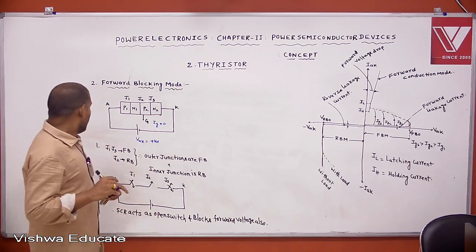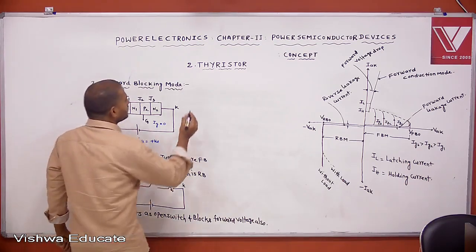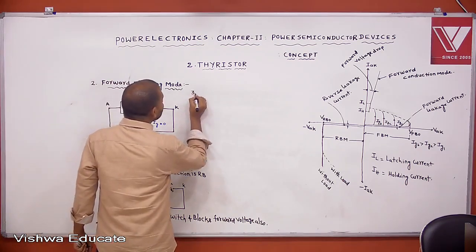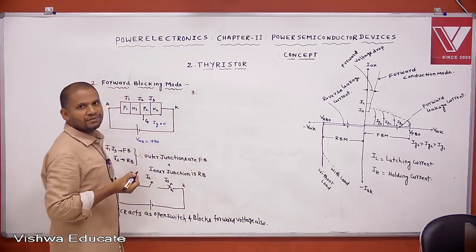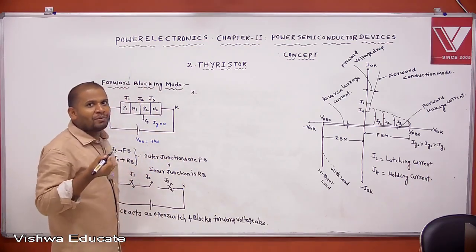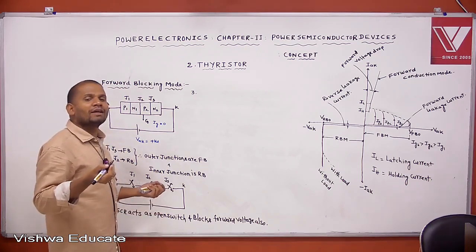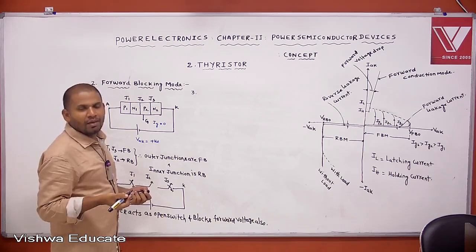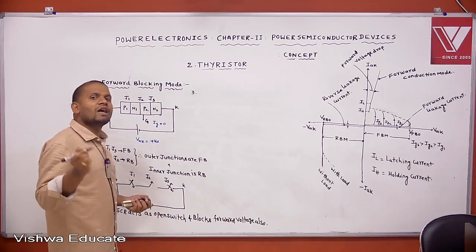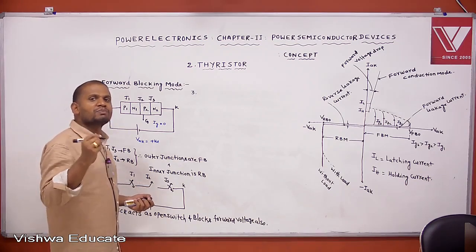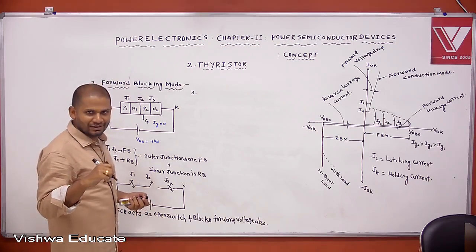Okay. Then the third observation. Once it acts as an open switch, is there any current from anode to cathode? There is no forward current from anode to cathode. But practically, because of minority charge carriers, a small leakage current exists.